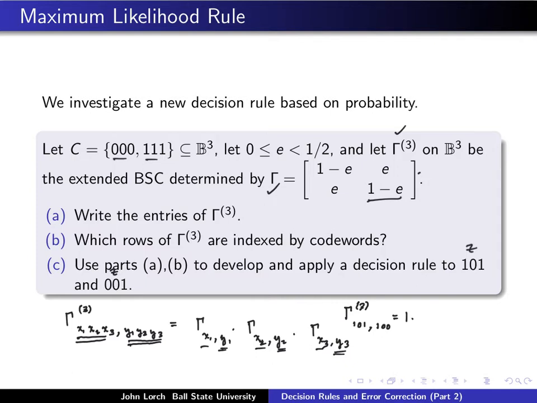And then we want the probability of output 0 given input 0. And that, again, would be 1 minus e. And then we want the probability of output 0 given input 1. So there we would have a bit error, and the bit error probability is e. And so this entry of gamma 3 would be (1 minus e) squared times e.